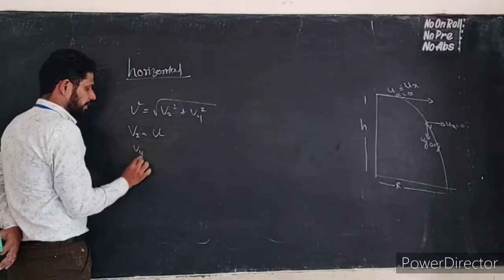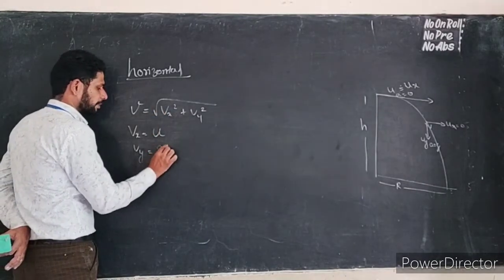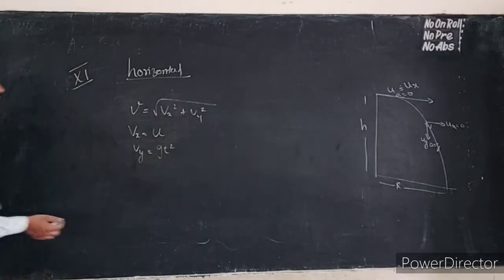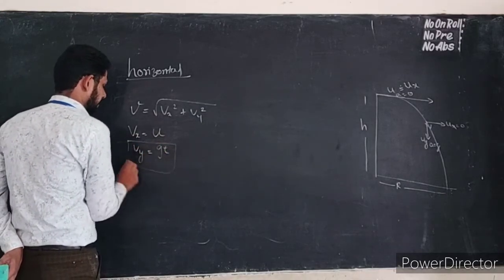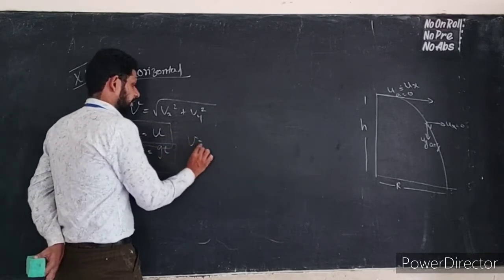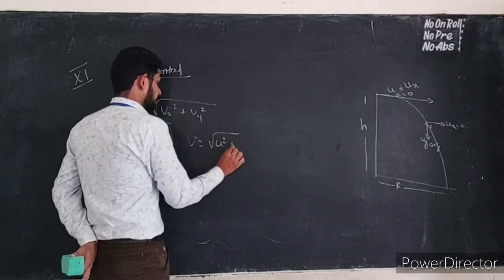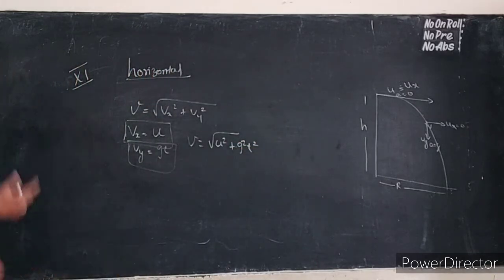What is vy? The vy is your vertical velocity, so it is nothing but gt. Now v will be equal to root of u squared plus g squared t squared.